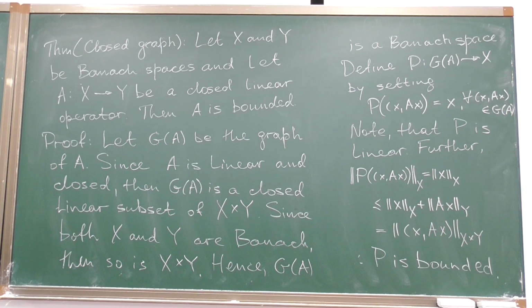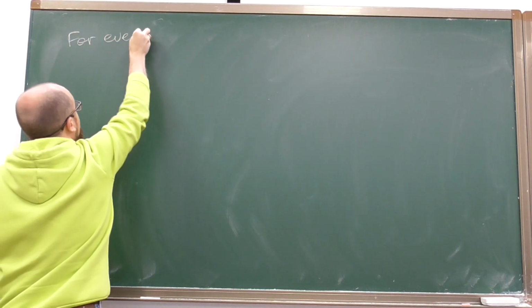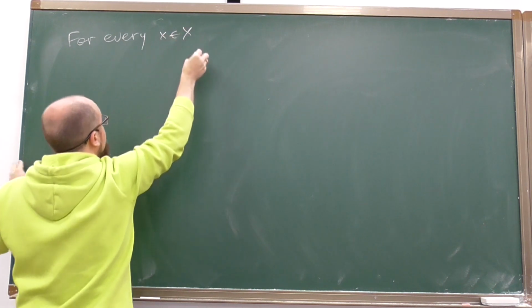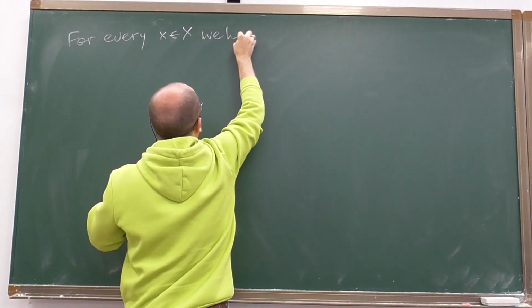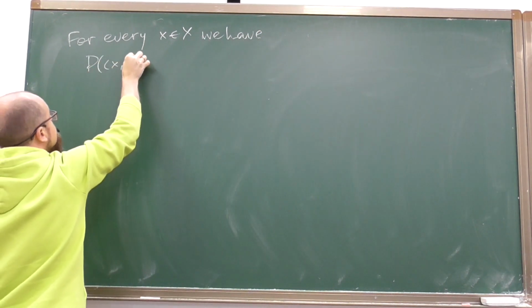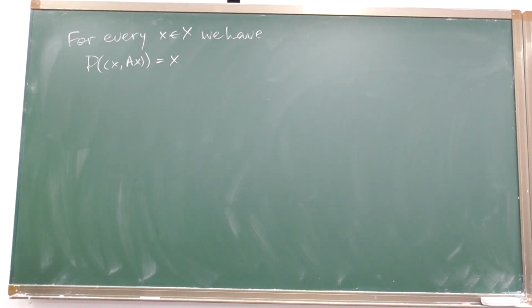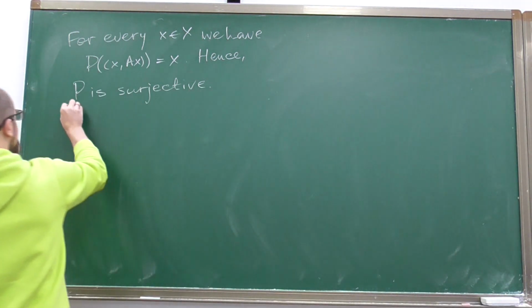I want to prove that this operator P is a bijection. For every x we have that P of (x, Ax) equals x by definition, which means that this projection is surjective, so it's onto X. Let us now prove that it is injective, or in particular that the kernel consists of 0 only. So let us take an element from the kernel.